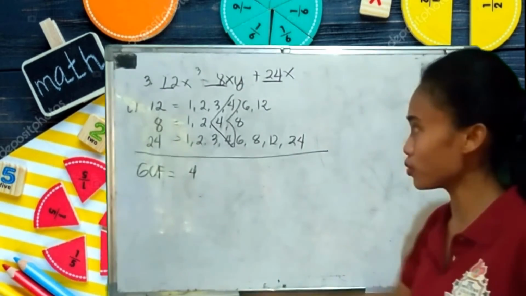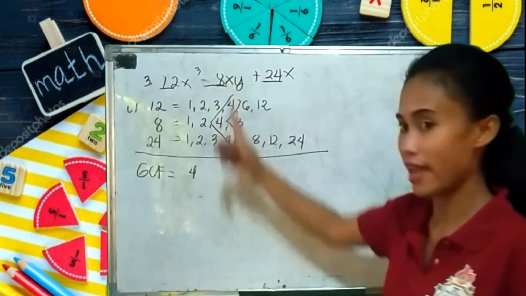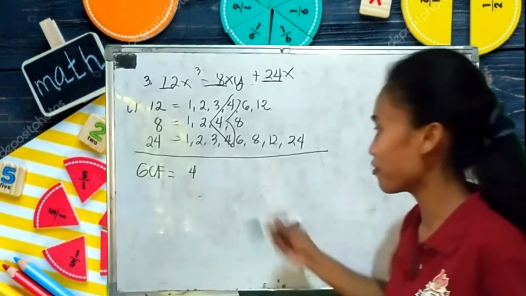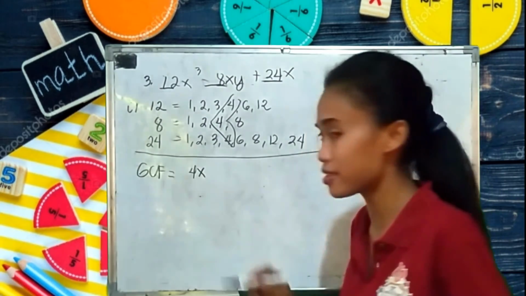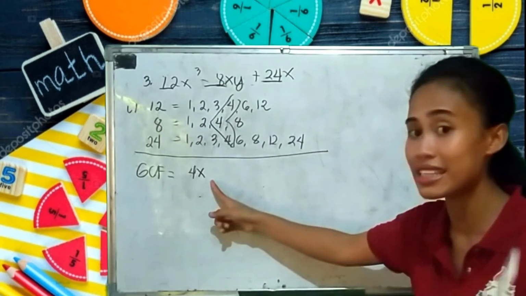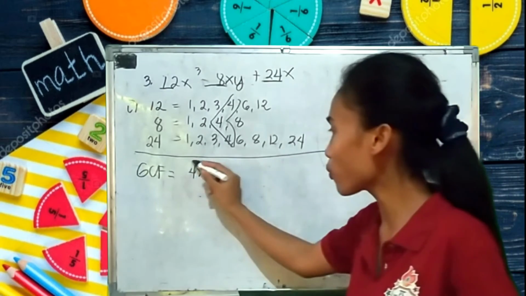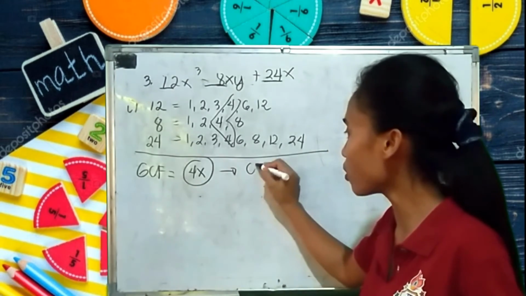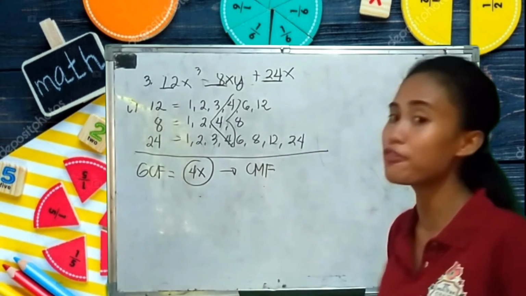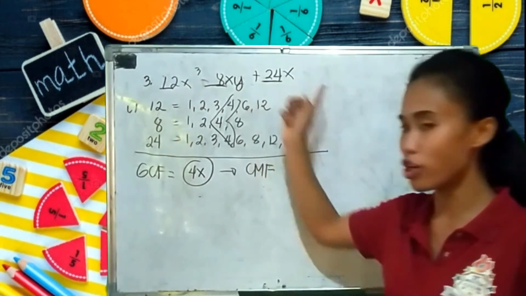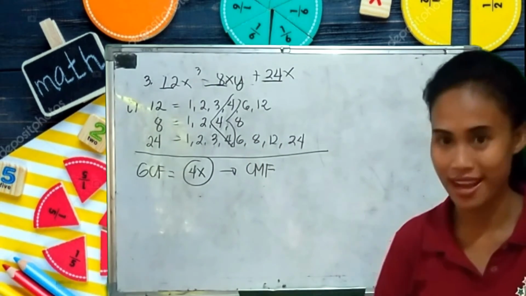So we are going to choose between your x cubed and your x. So, of course, your answer here is x because your x has the least exponent, and that is 1. Therefore, we say that 4x is also the common monomial factor of the three terms of the polynomial.